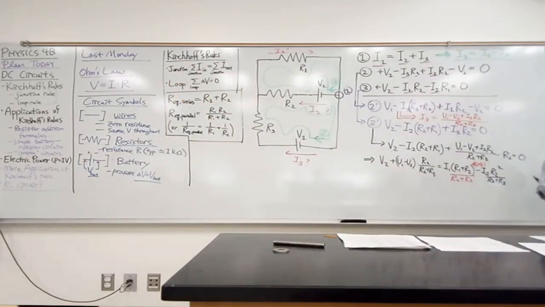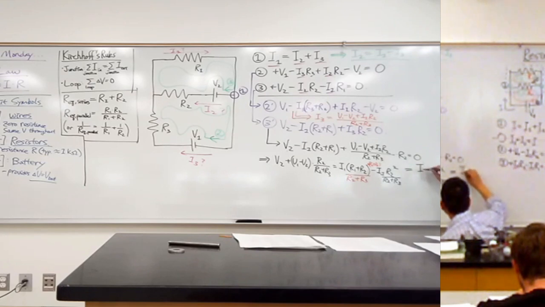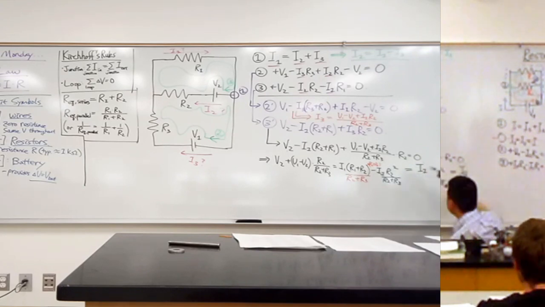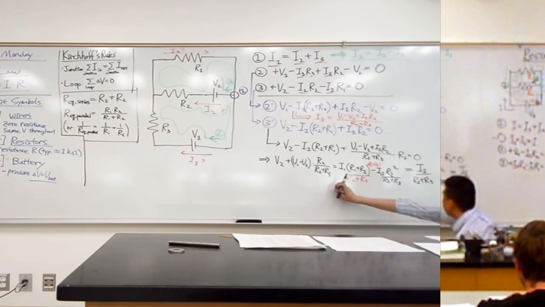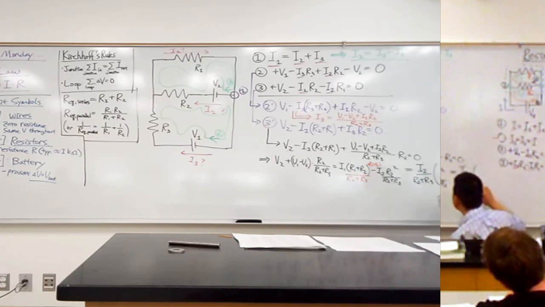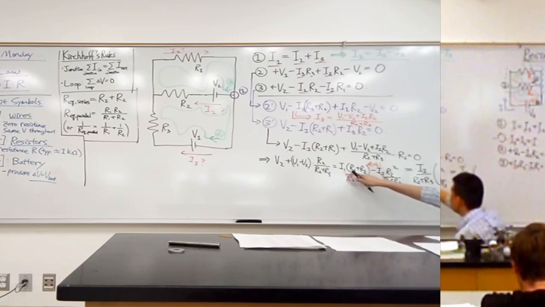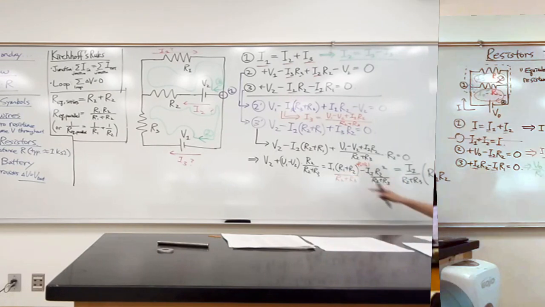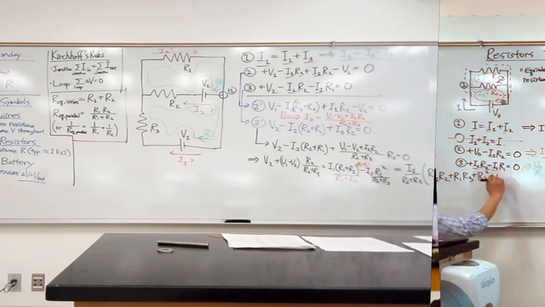So this is going to be I1 divided by R2 plus R3. So I'm factoring out I1 and R2 plus R3 to the front. And this is the rest of the remaining terms: R1 times R2, R1 times R3, R2 times R2, so R2 squared plus R2 times R3, R2 times R3 minus R2 squared.